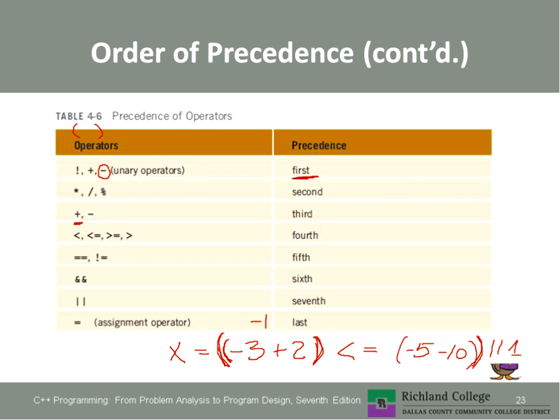Then you go to evaluate the next set of parentheses. Again we go back to the unary operator, right here from -5, and then we look at -10. We do the operation, and the result is -15.